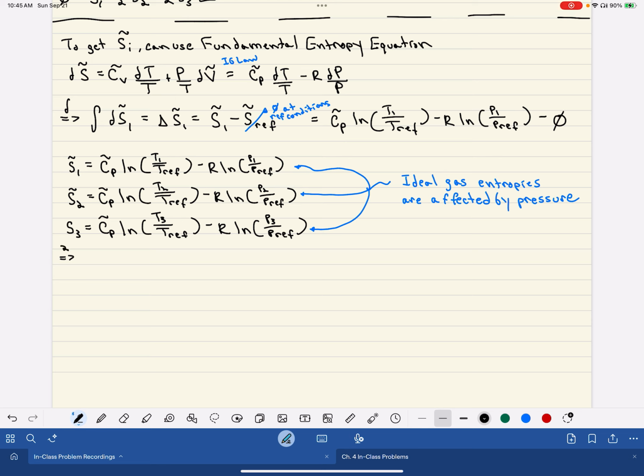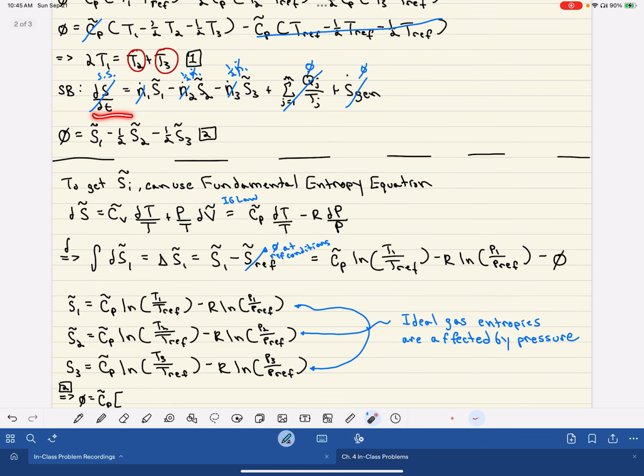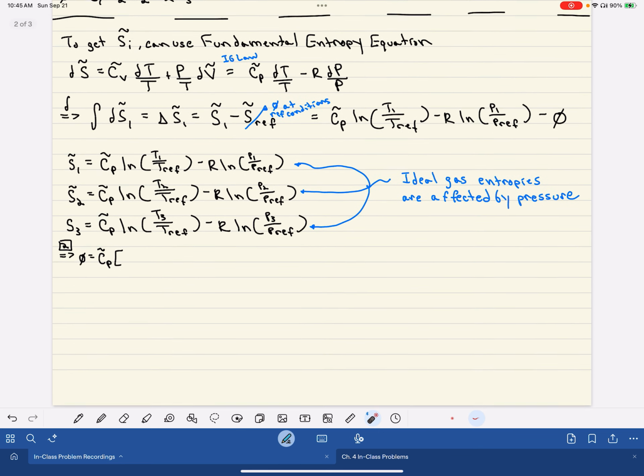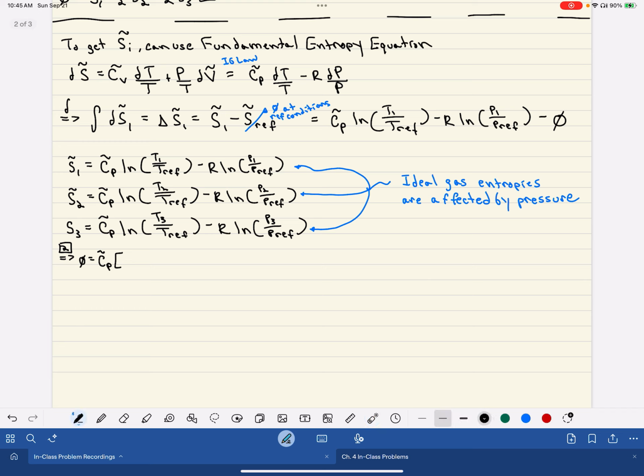So let's go back to our entropy balance and plug that in. So we have 0 is equal to the CP. And what I'm going to do is sort of combine terms here. So first, I'm going to focus just on the temperature terms.